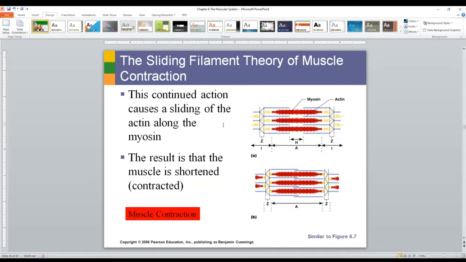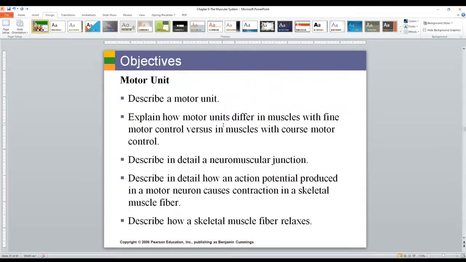What we haven't talked about is, well, what causes those myosin heads to all of a sudden decide to bind to the actin filaments? And that's what we're going to talk about on Wednesday when we talk about motor units and how a motor neuron stimulates this process to occur in a skeletal muscle fiber.